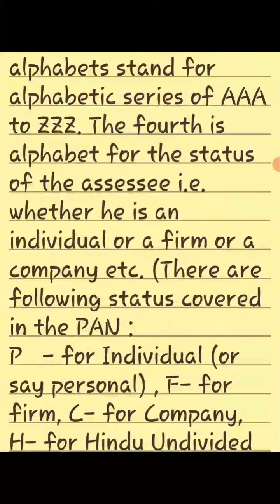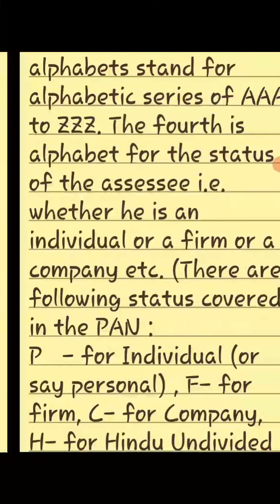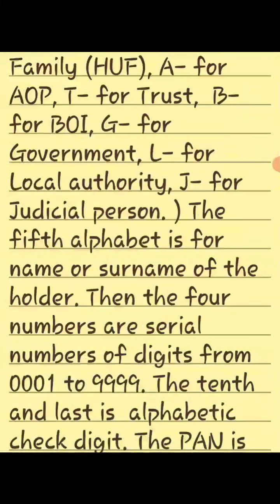The fourth alphabet is for the status of the assessee, that is, whether he is an individual or a firm or a company, etc. The following statuses are covered in the PAN: P for individual, that means personal, F for firm, C for company, H for Hindu Undivided Family, that is HUF, A for AOP, Association of Persons, T for trust, B for BOI, Body of Individuals, G for government, L for local authority, J for judicial person.